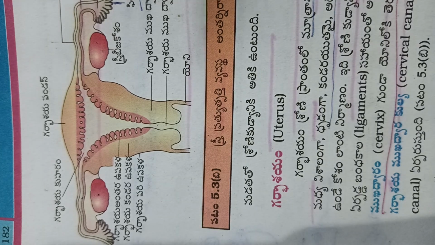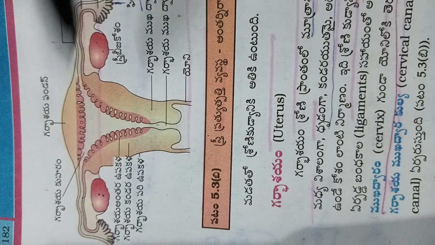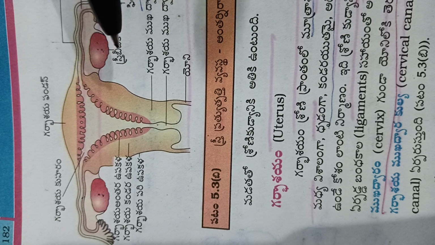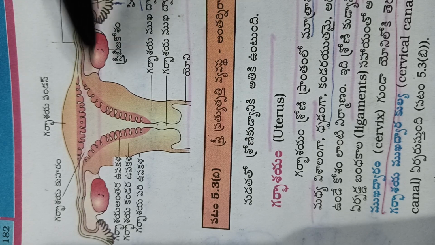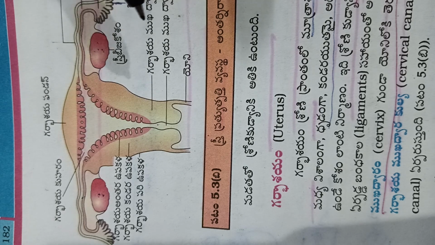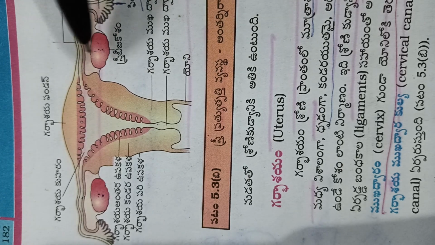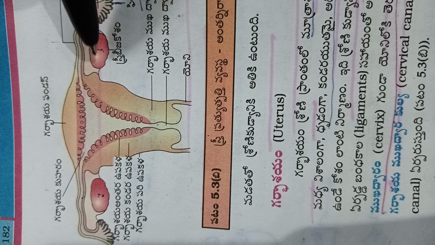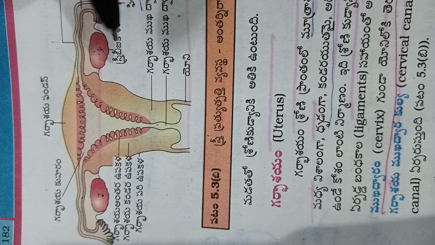See, here is the pair of ovaries. These ovaries are generally present below the abdominal cavity in the pelvic region. These ovaries are considered primary sex organs, or female reproductive organs.